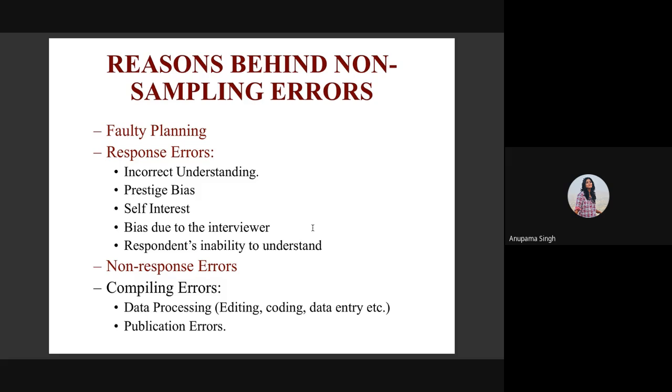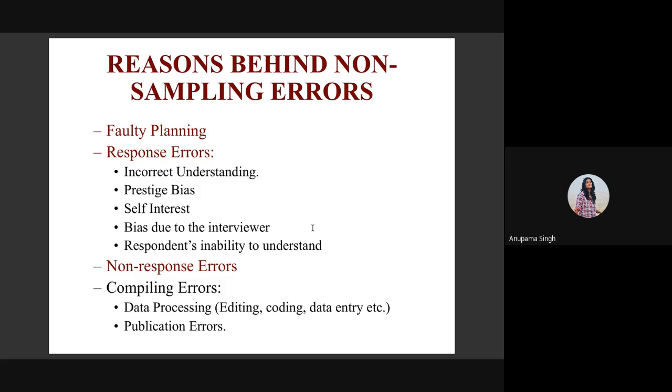But a lot of the time the respondents themselves do not give the correct information. So even if you are doing your best, the response is not as good as it should be. Then there is prestige bias.